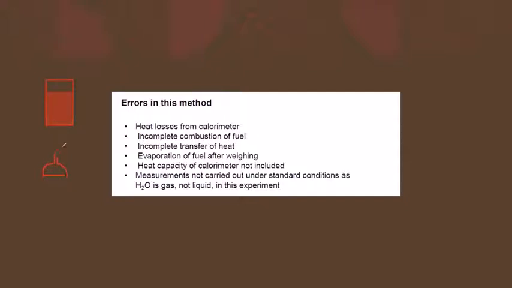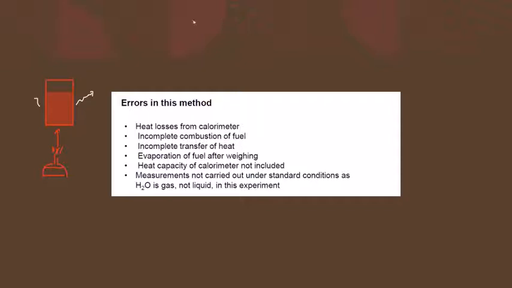When we burn, it releases energy, and that energy is absorbed by the water, and it shows a change in temperature. So the problem here is heat loss from the calorimeter, because maybe the calorimeter absorbed heat energy, but it's not transferring all of its energy to the water. Some of the energy is lost to the surroundings.